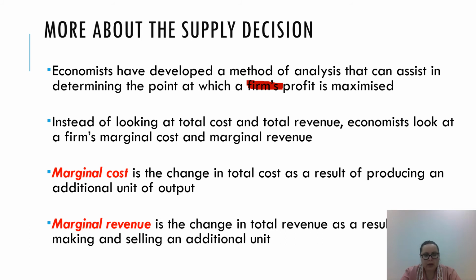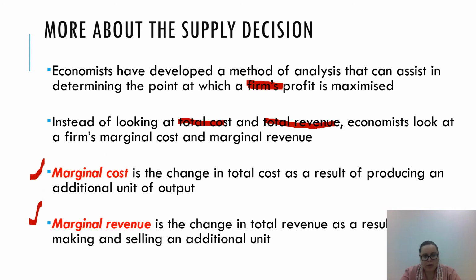So instead of looking at the total costs and total revenues, because this is going to create a lot of biased data, and you have to analyze lots of data with lots of difference between different types of costs, the economists look at the marginal cost and the marginal revenue.